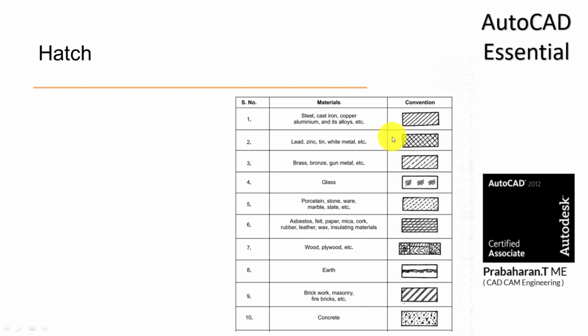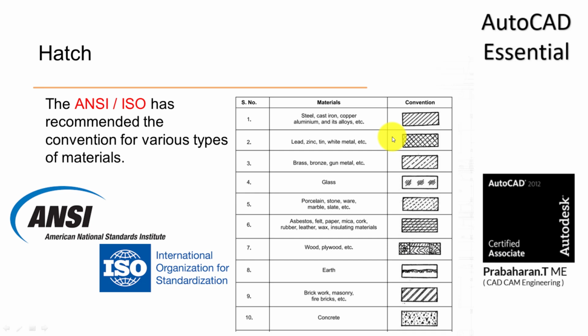The internationally recognized hatch patterns are called ANSI or ISO patterns. The American National Standards Institute and the International Organization for Standardization developed globally acceptable hatch patterns for commercial as well as industrial applications. We are going to discuss those.